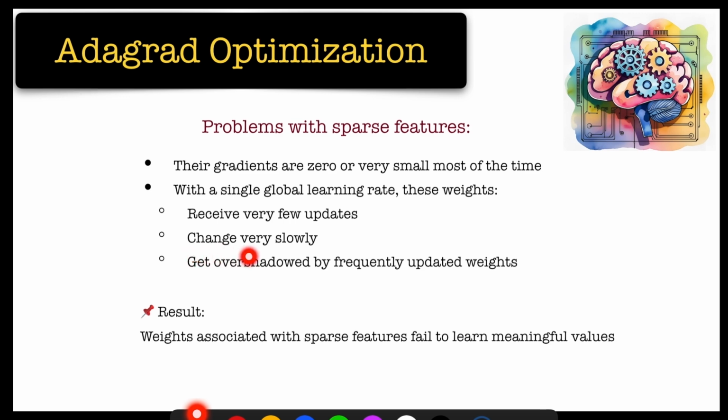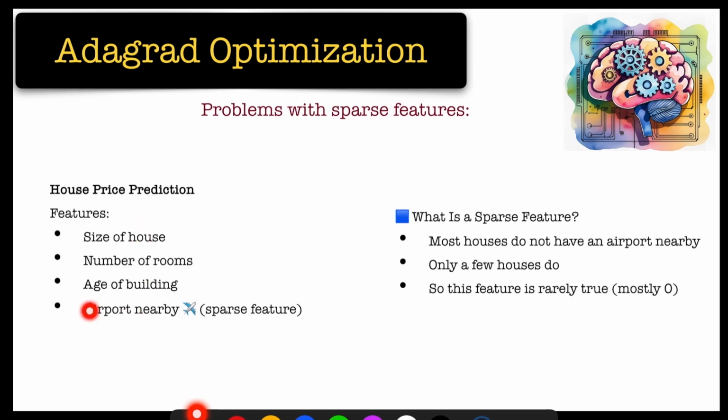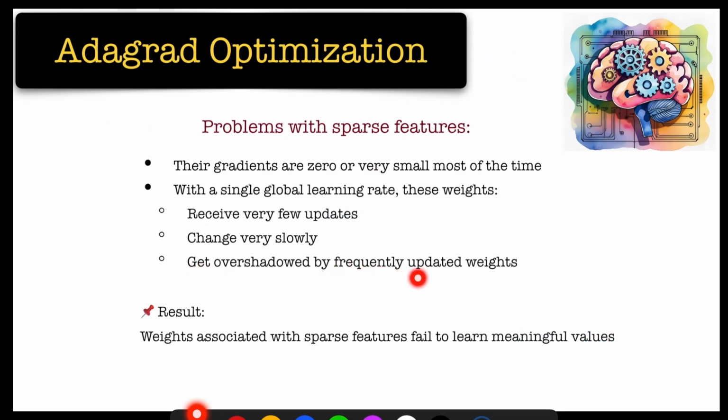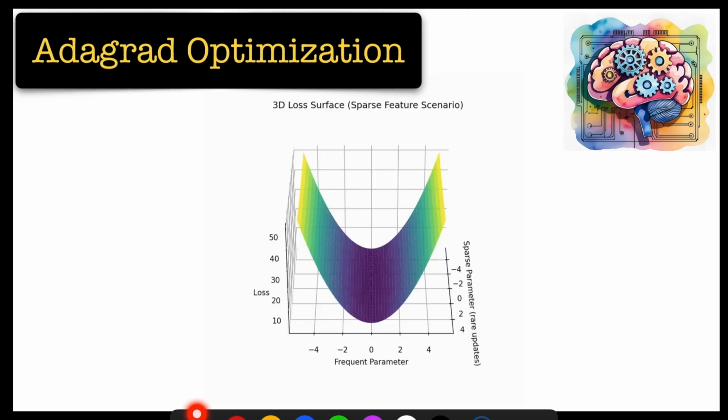They will change very slowly and get overshadowed by frequently updated weights. As a result, weights associated with sparse features fail to learn meaningful values.